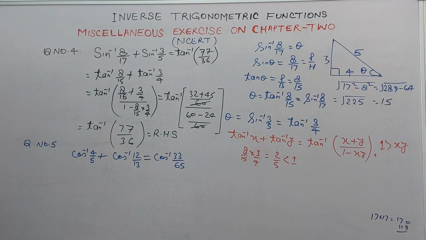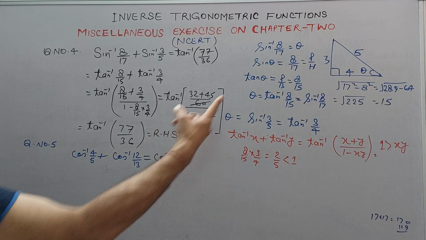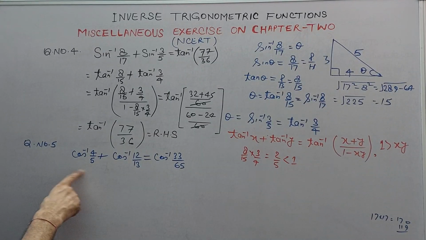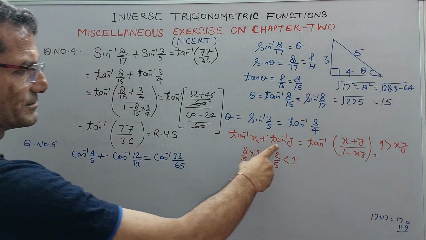So we can use either of two approaches. If you like, convert all three into tan inverse and then use the formula of tan inverse x plus tan inverse y.